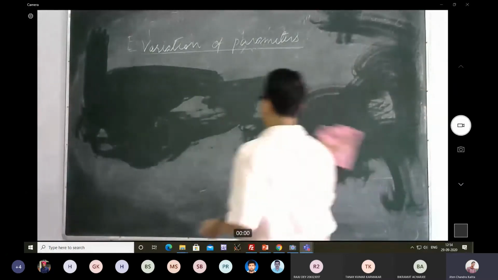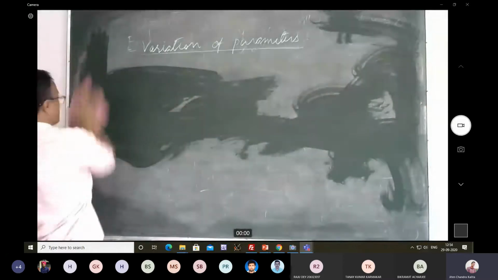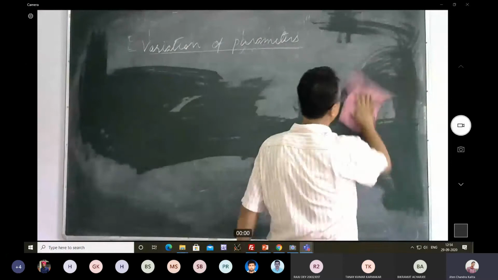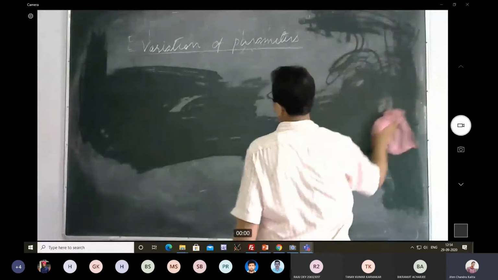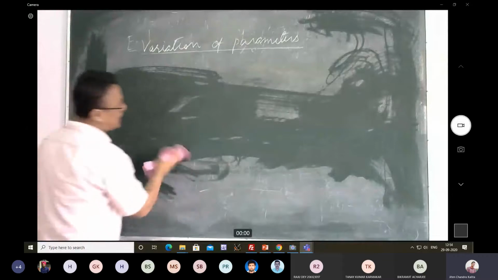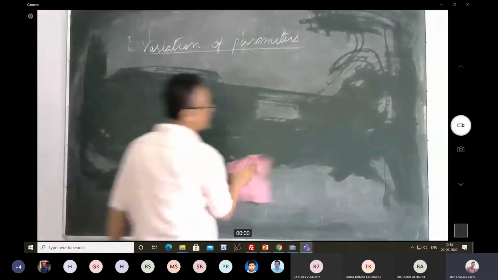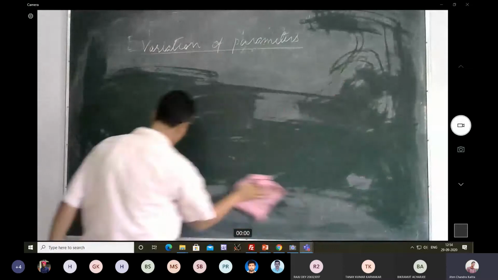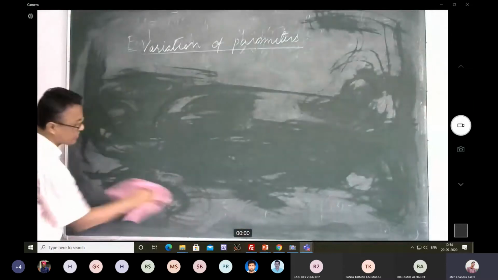That is why I am doing all this. Anyway, this method of variation of parameters is already a part of your syllabus. I did the previous part so that you were a little bit introduced to the idea behind it.